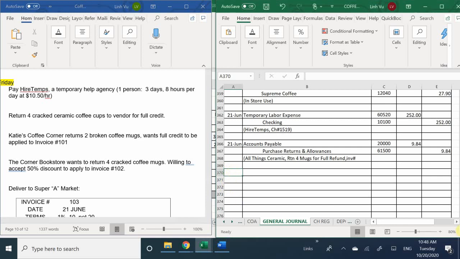So we've got sales returns and allowances. And we are reducing the amount that she owes us, so we're reducing the accounts receivable. Good. So what account number is my sales returns and allowances?